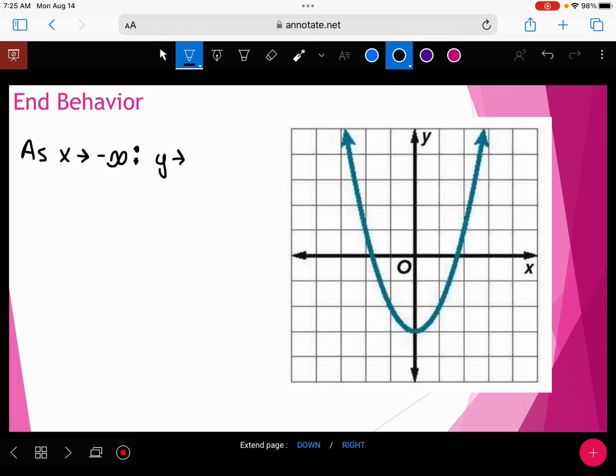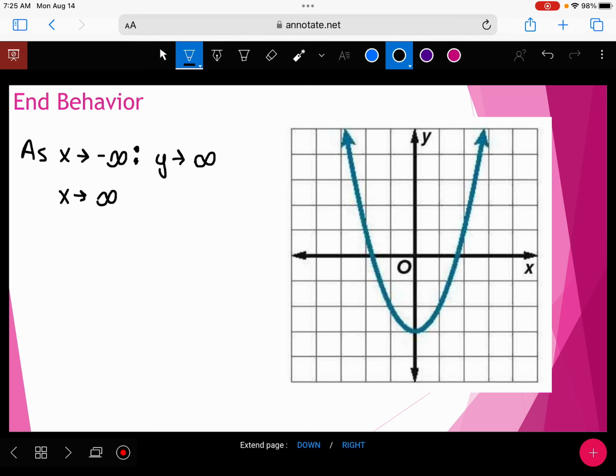Left arrow points where? Up. If my left arrow is pointing up, my y is going to approach what? Positive infinity. Then we're going to do the right arrow, as x approaches positive infinity.